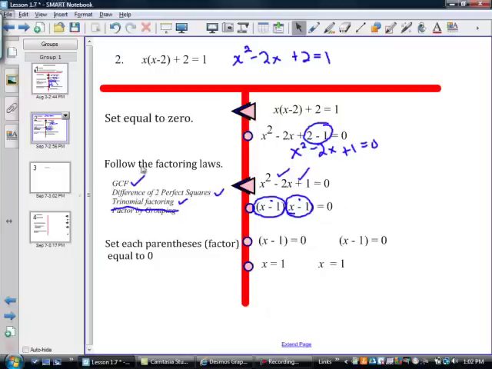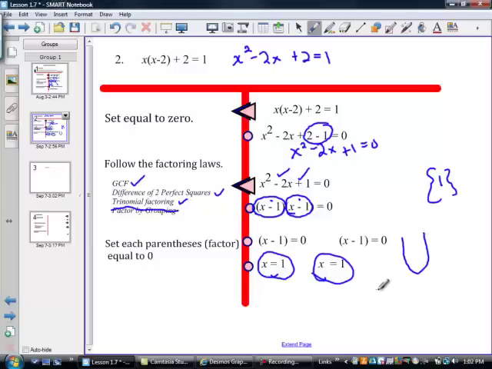And that's what we got for an answer right there. X equals 1. So there's really only one answer to this problem, and it is the answer 1. That is where this parabola is set equal to 0.